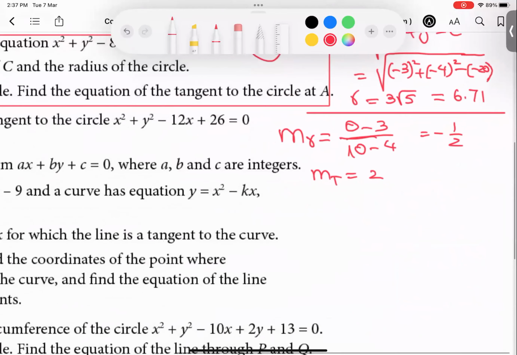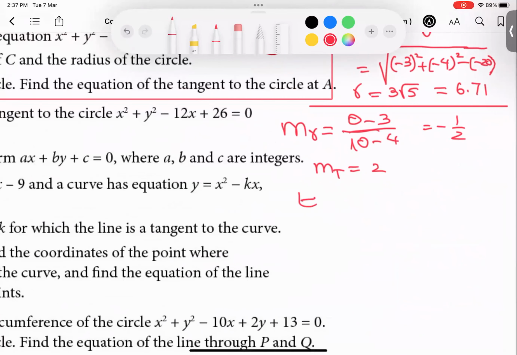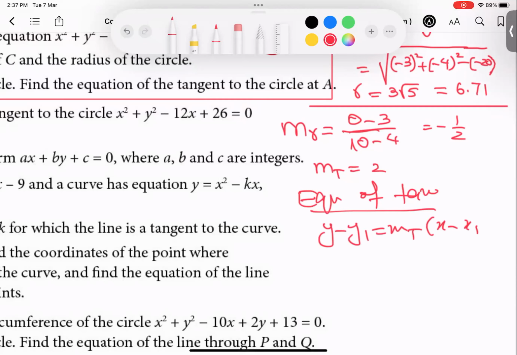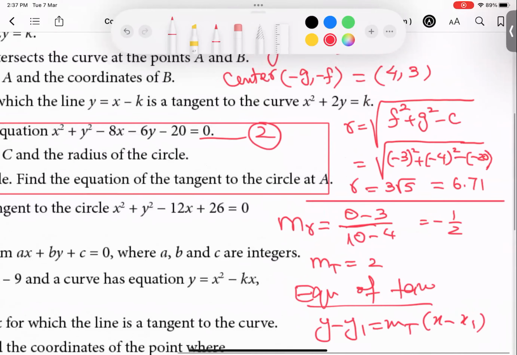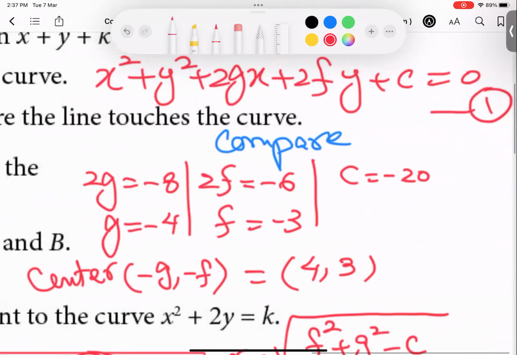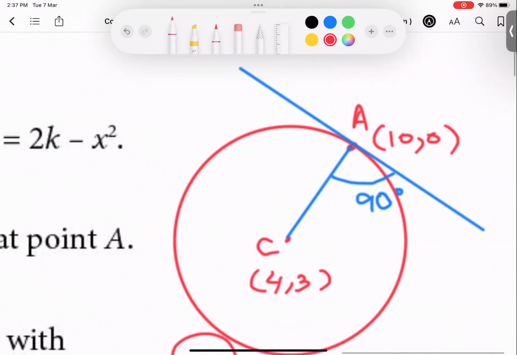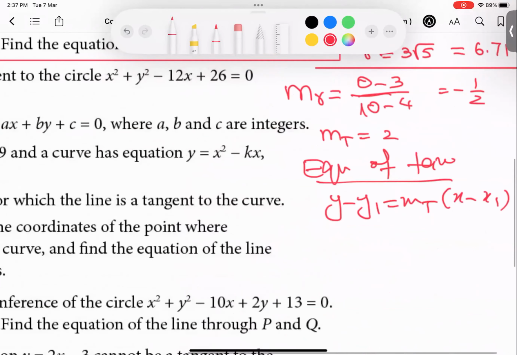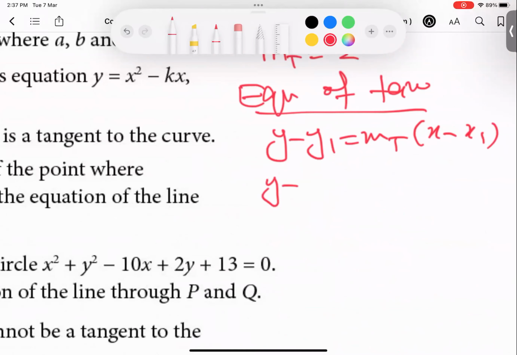So now I can easily find the equation of the tangent. The formula is y minus y1 equals m of the tangent times x minus x1. For your knowledge, this will behave as x1, this will behave as y1, so 10 and 0. So 0 here and 10 comes here.